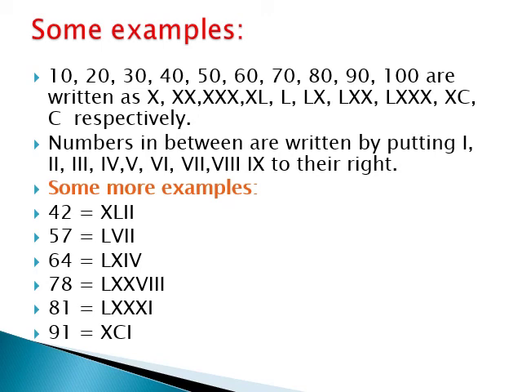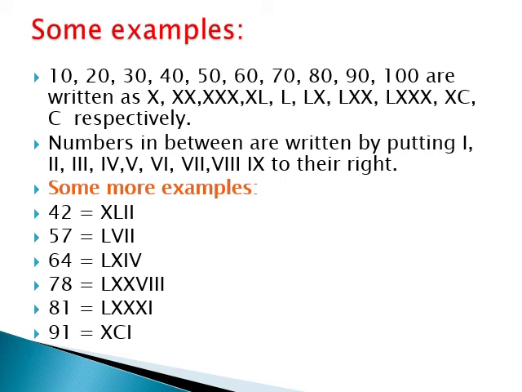Look how they have been written in the Roman numeral. 10 is equal to X, 20 is written as XX, 30 is written as XXX, 40 is written as XL, 50 is written as L, 60 is written as LX, 70 is written as LXX, the value for 80 is LXXX, the value for 90 is XC, and the value for 100 is C.